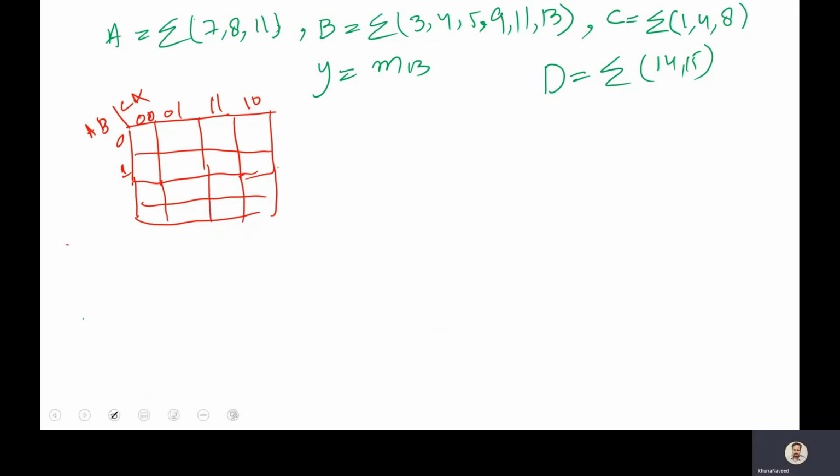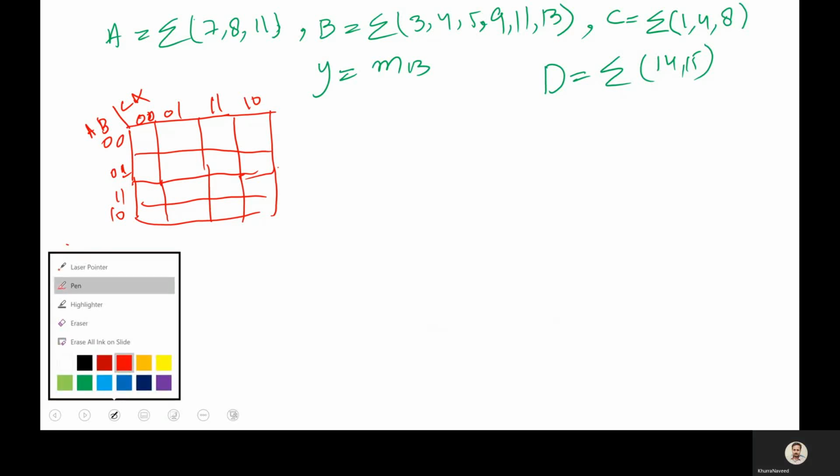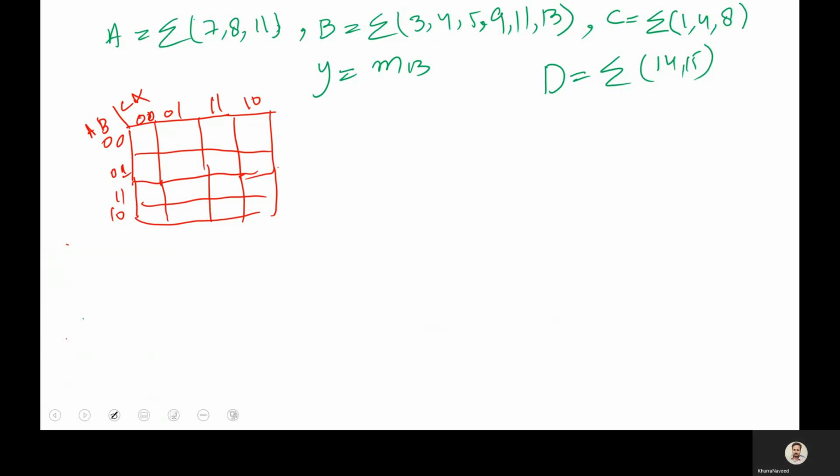So this is 0 0, 0 1, 1 1, and 1 0. So we need to insert or highlight these minterms. So this is 7.